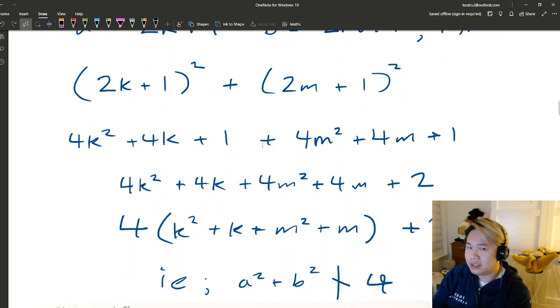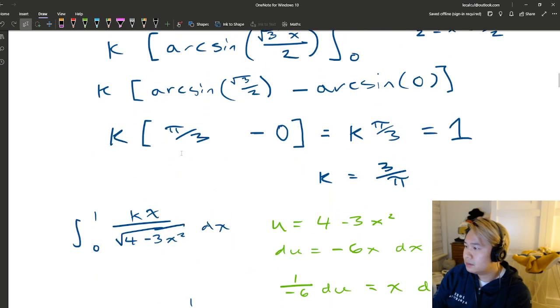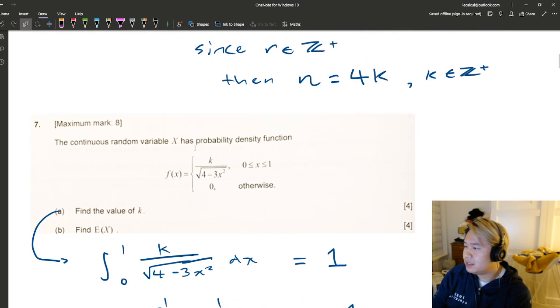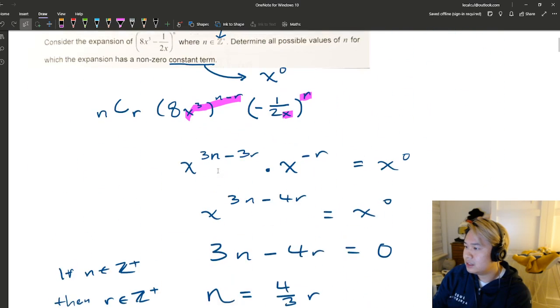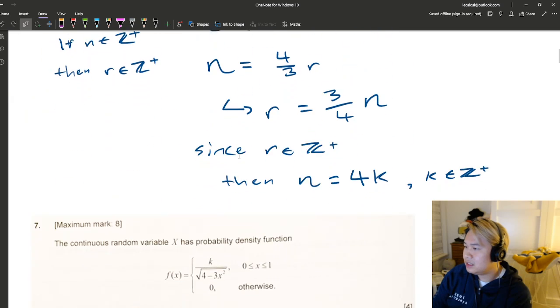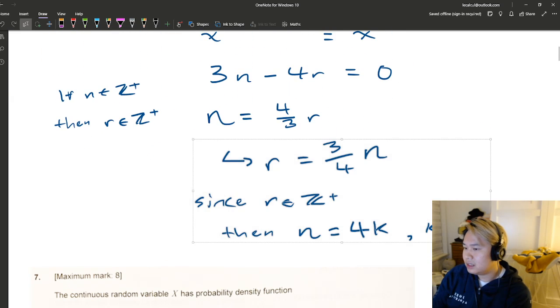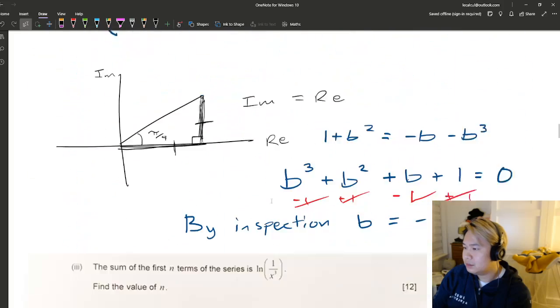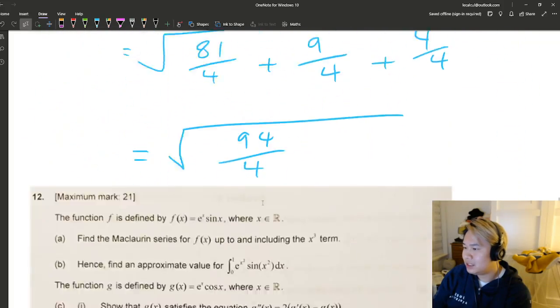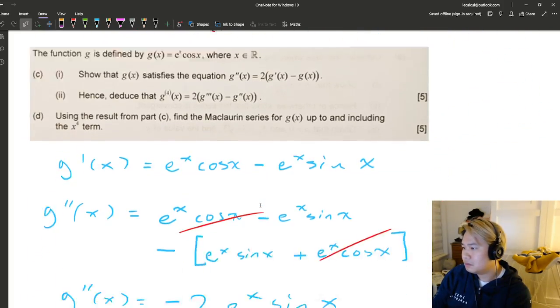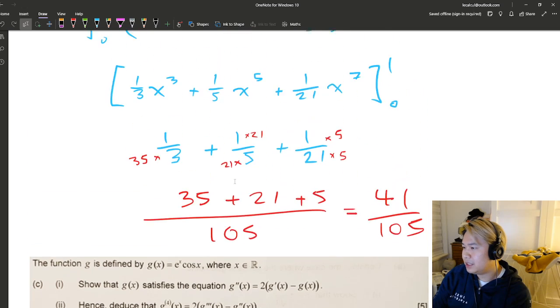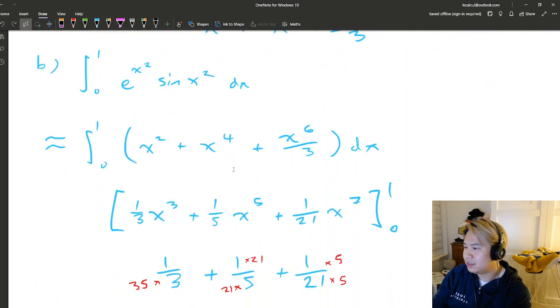This one's very easy. This one is more or less pretty straightforward. This one's kind of tricky. But yeah, honestly, not that bad of an HL paper. This one's kind of weird, but overall it's not that bad.